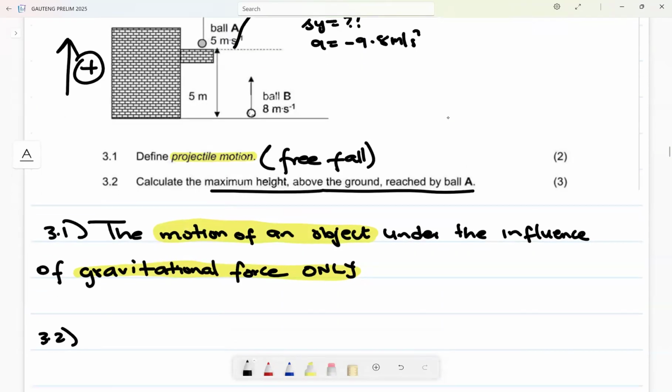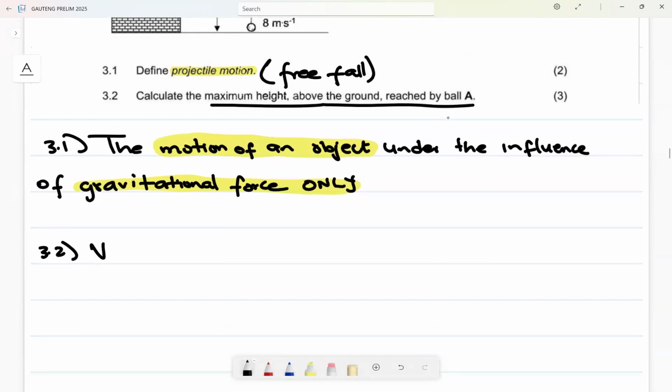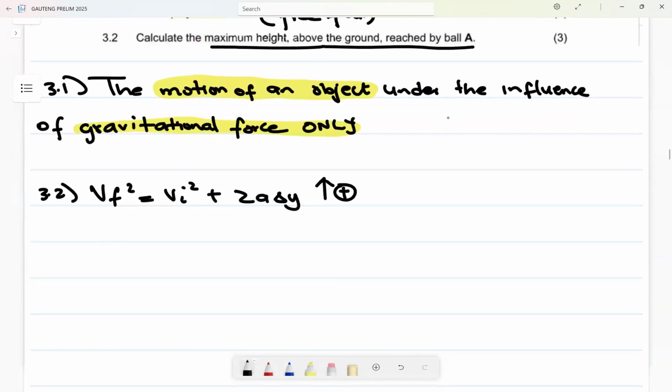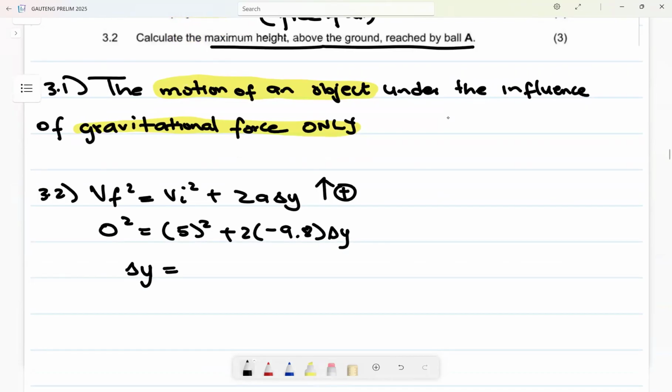VF squared equals VI squared plus 2A change in y. My final velocity is 0, my initial velocity is 5 upwards, acceleration is negative 9.8, and I get my change in y to be 1.28 meters.